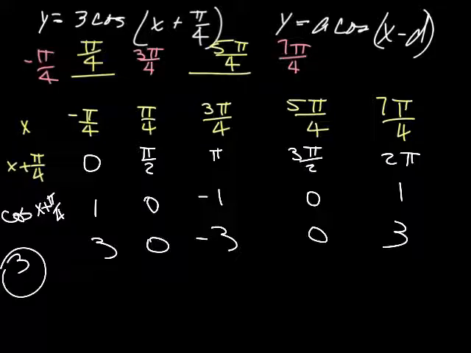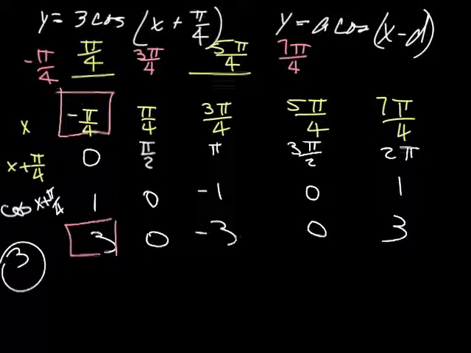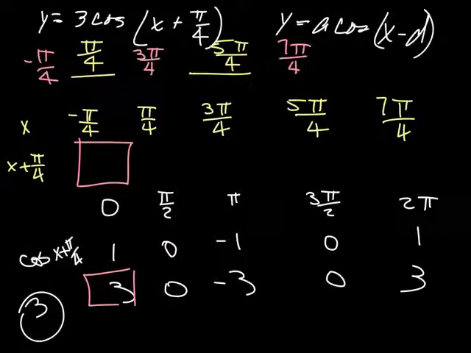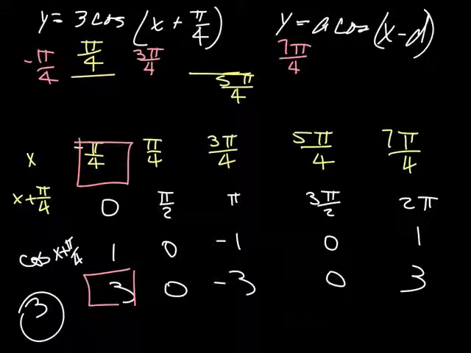This last part here tells us what our amplitude is going to be. So my points that I'm going to be graphing are where x is negative pi over 4, my y value will be 3. Let's see if we can move a bunch of this up and out of the way.